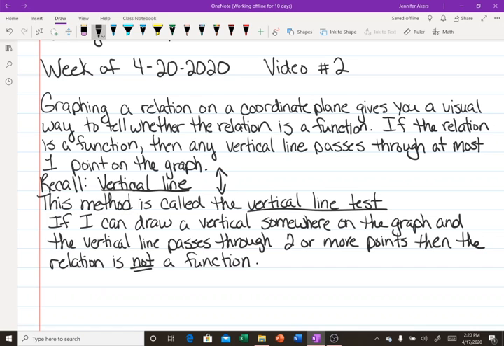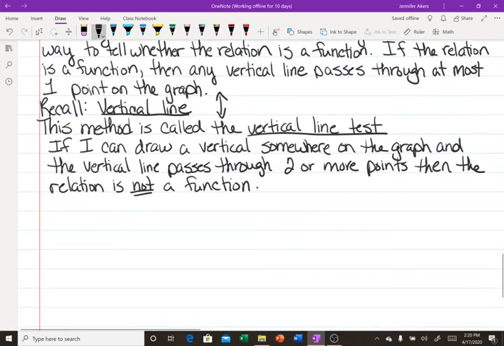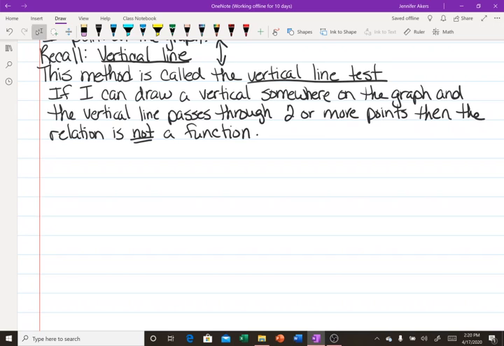So now let's practice using the vertical line test. Two things we're going to do in this lesson. We are going to practice using the vertical line test, and we are going to practice our graphing skills. Okay? So let's say I give you a table that looks like this. Example 1.